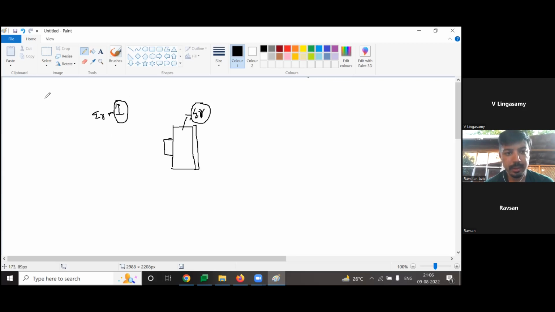So lambda will become lambda naught in air, where epsilon r is 1.